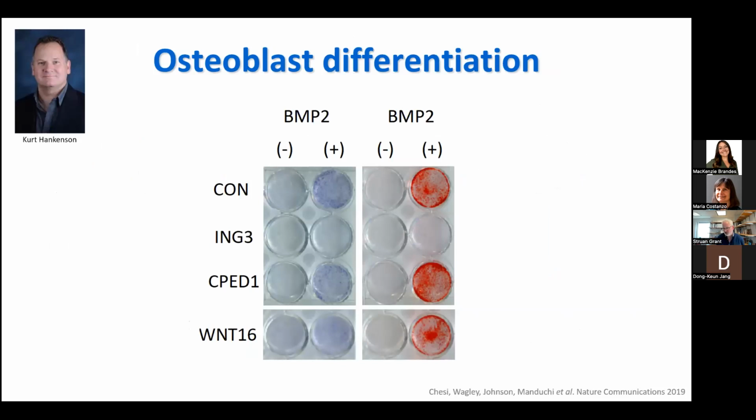We decided to take all three genes out, ING3, CPED1, which were implicated, and Wnt16, a primary candidate gene in the region. In our hands, we found that ING3 knockdown had the most pronounced effect: there was less blue, which means less alkaline phosphatase being generated, a marker of osteoblast function, and also less mineralization, indicated by the red alizarin red staining.